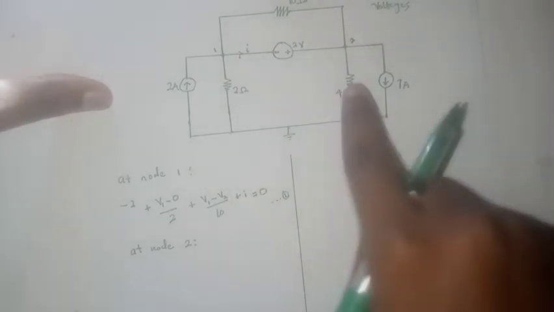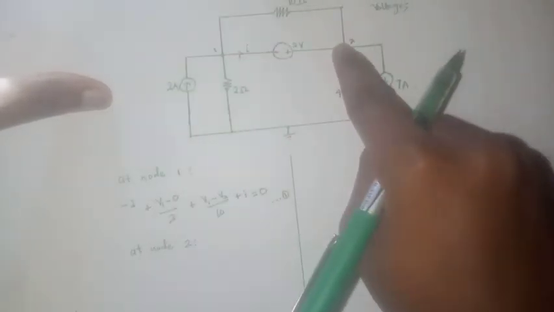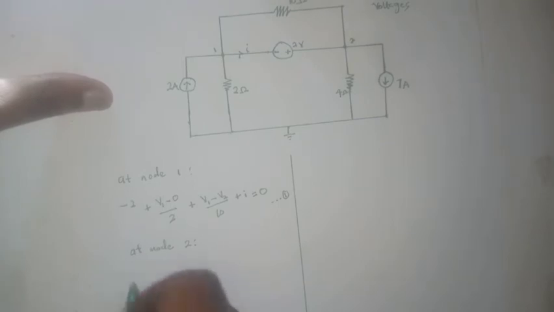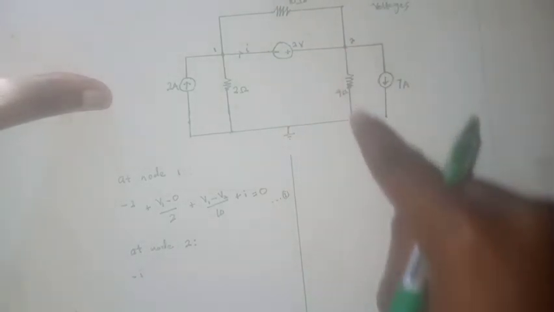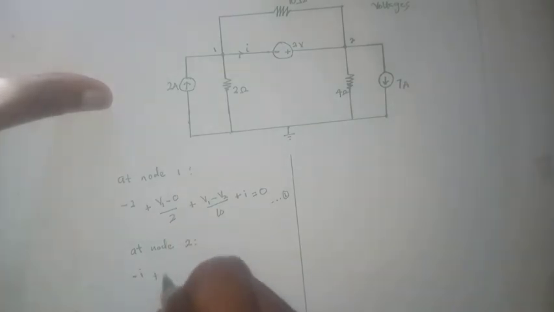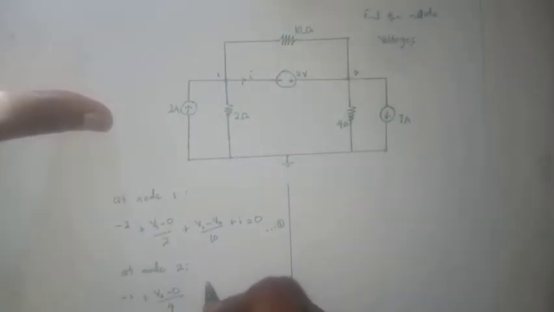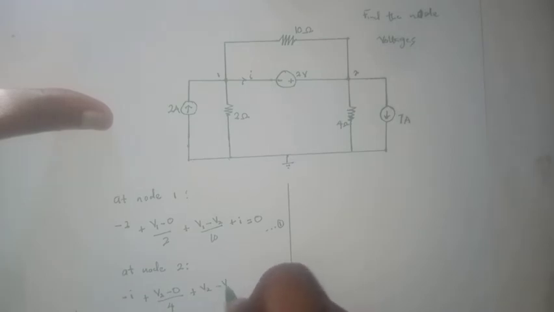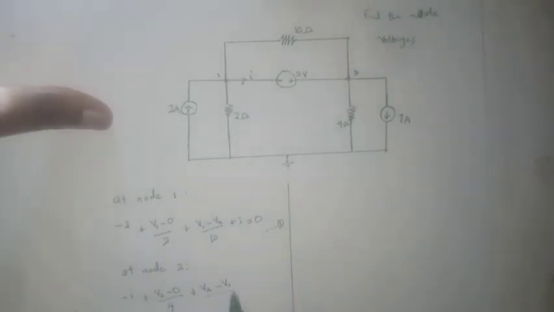At node 2, we have this current that is flowing into node 2, so that would be minus I. Then we have the current in this branch, that is plus (V2 minus 0) divided by 4. Then the current for this branch, plus (V2 minus V1) divided by 10 ohms.